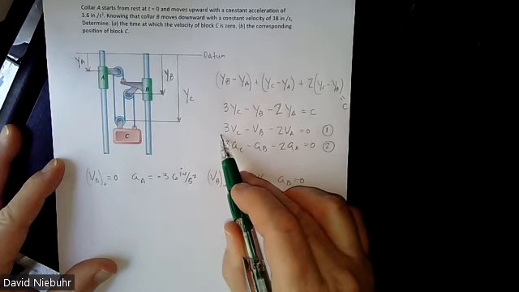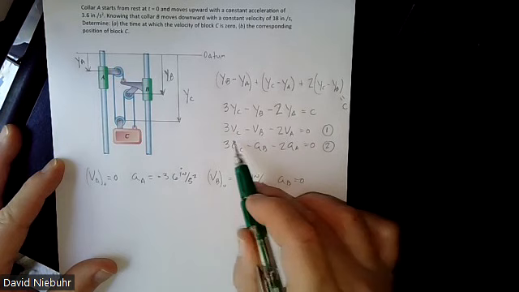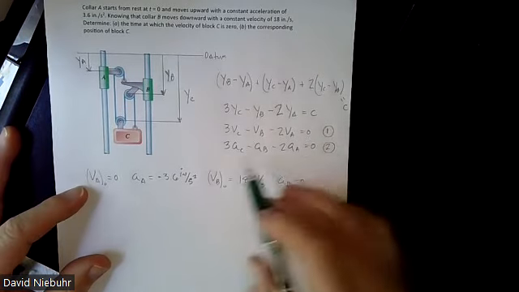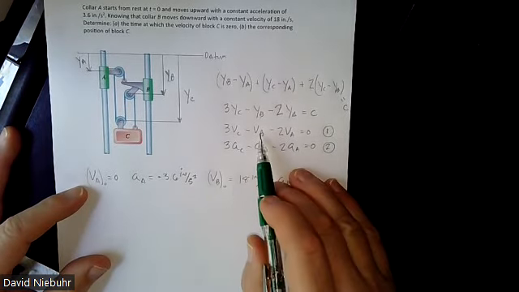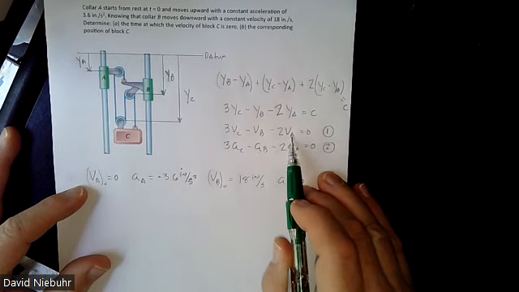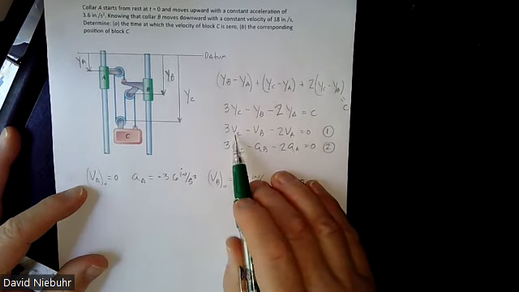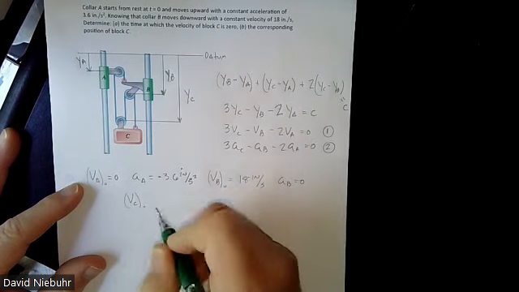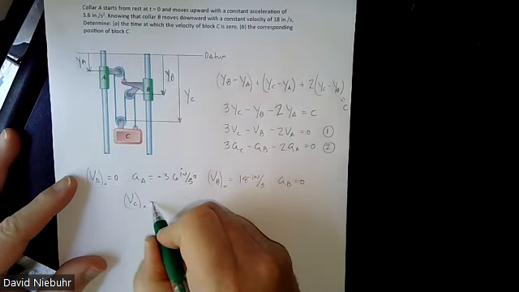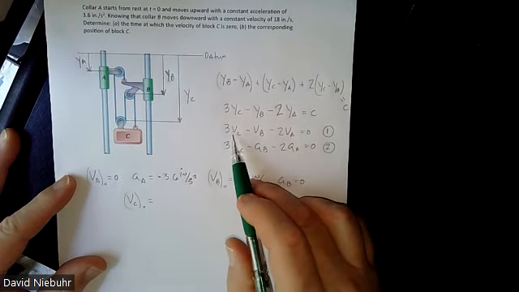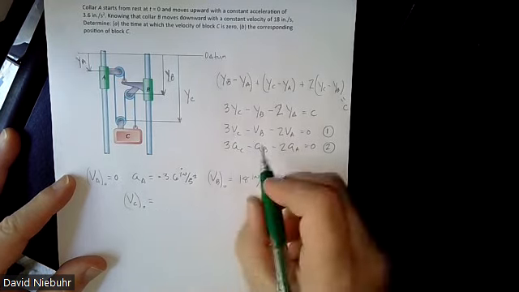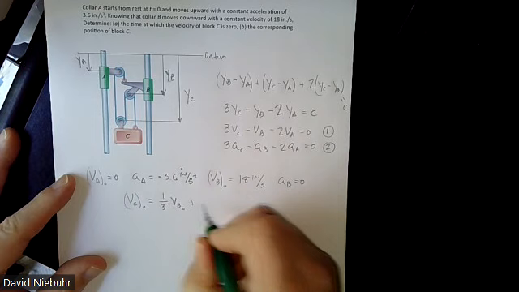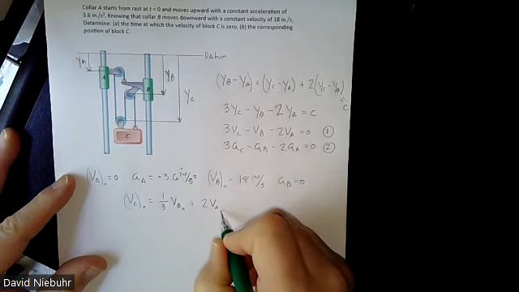So if we look at equation 1, and again, you have to look at it and see what makes sense, we know the velocity of B, we know the velocity of A is 0, so we can figure out what the velocity of C is, can't we? So the initial velocity, of course. VC naught is going to equal, if we divide by 3, 1/3 of (VB naught plus 2 VA naught).